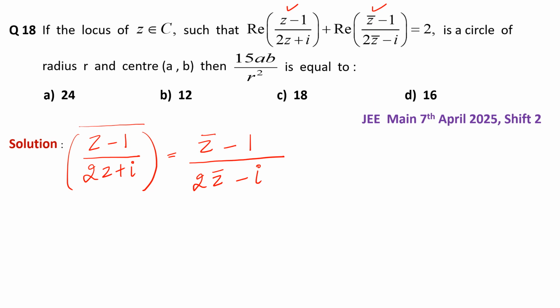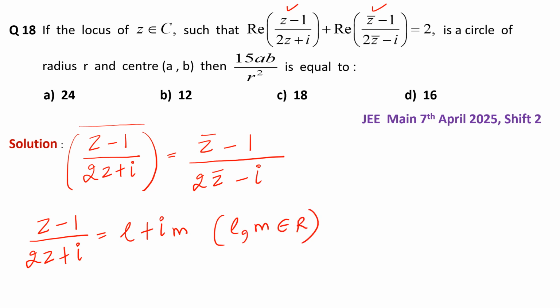So that means if I consider (z minus 1) divided upon (2z plus iota) equal to L plus iota m, where both L and m are real numbers, that means L is the real part and m is the imaginary part of (z minus 1) divided upon (2z plus iota).